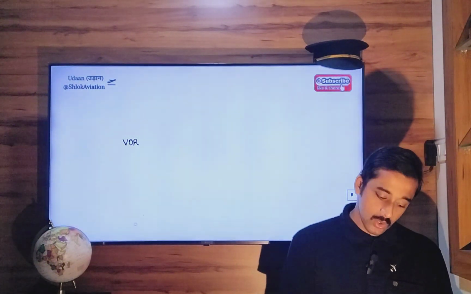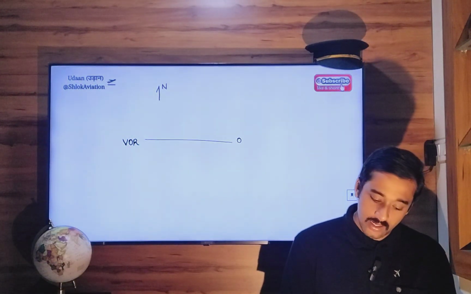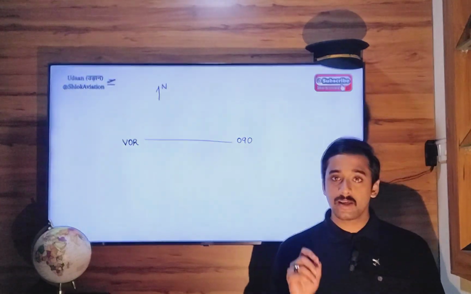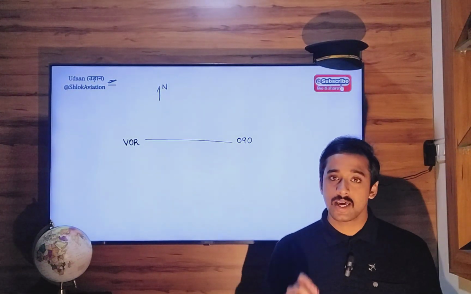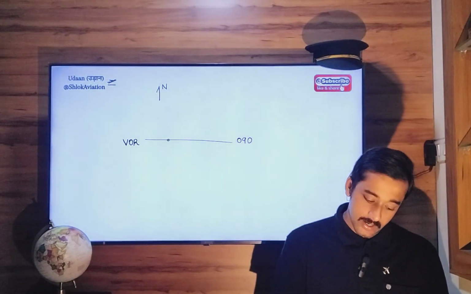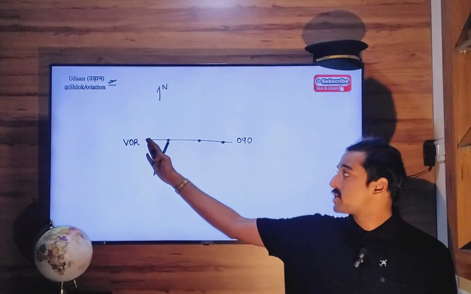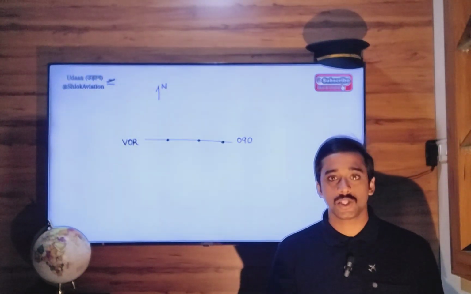The pilot is situated on radial 090 from this VOR station. The position of that aircraft may be here, it can be here, it can be here, because radial 090 is this entire radial. So anywhere on radial 090 is the possible position of the aircraft.